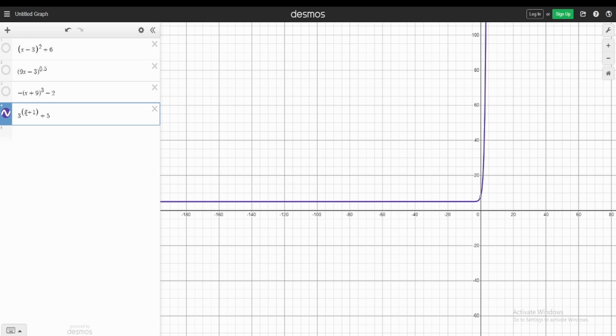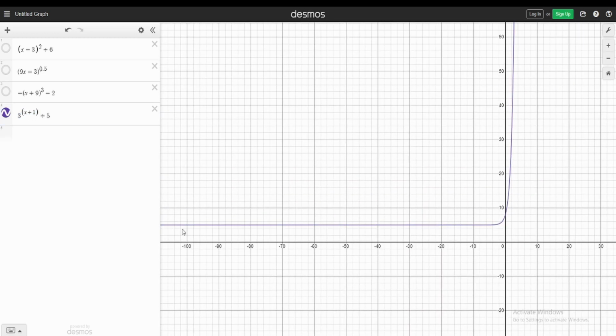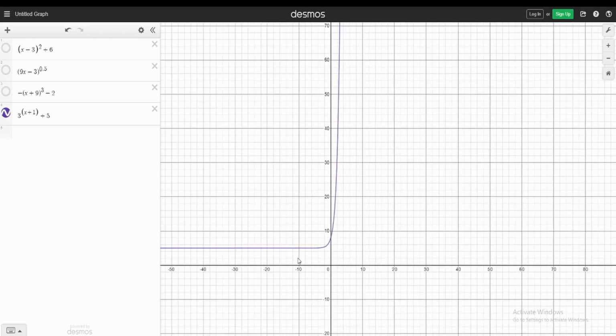It's just that when we put, for instance, negative 180 into x here, 3 to the negative 179 is a really, really small value, and Desmos doesn't have the capability of displaying that. So it just basically drops us to 0, and that's why we see 5 here. However, in reality, this should never be equal to 5.